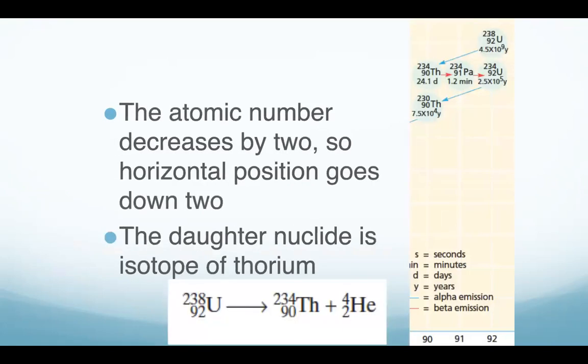The atomic number, like I said, decreased by 2. And so the new daughter nuclide is an isotope of thorium. And so here would be the alpha decay nuclear reaction for that particular first step.